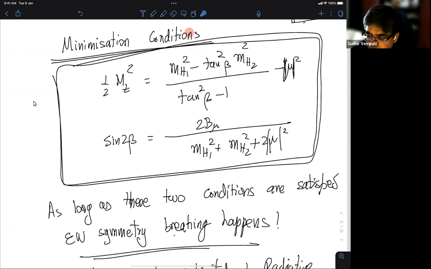Suppose V2 and V1 both attain vevs. MH2 square becomes negative, MH1 square also becomes negative, but the total sum will typically be positive. Remember, tan beta is always greater than 1, so this denominator will always be positive, and this entire term becomes positive. The modulus of mu square is always a positive term. So you should get MZ square here essentially.